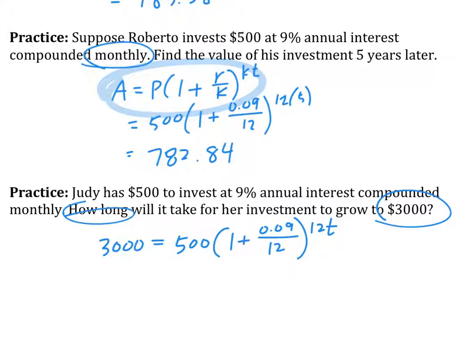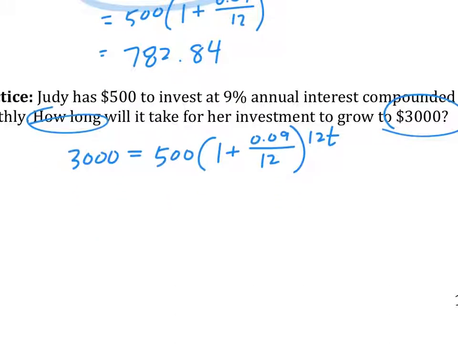How do we solve this? Divide by 500. So that is 6 equals 1 plus 0.09 over 12 to the 12t. Now how do we solve this? Okay.